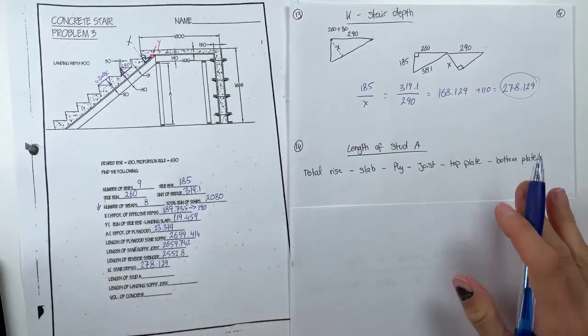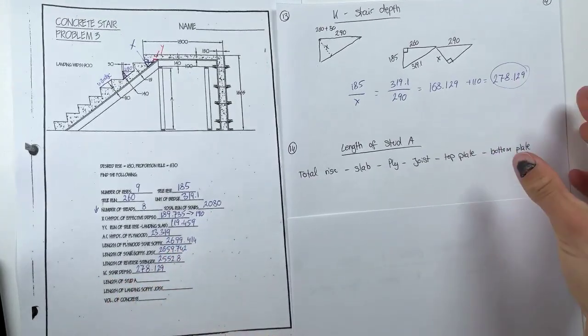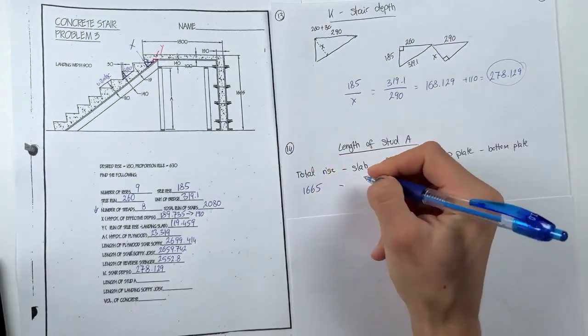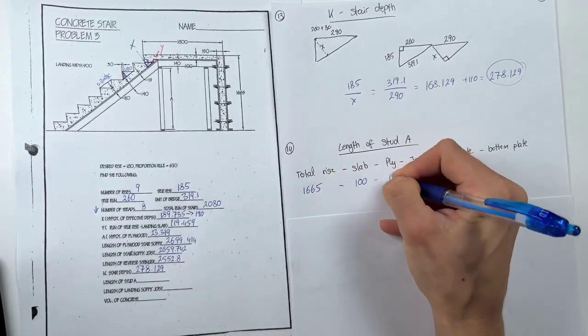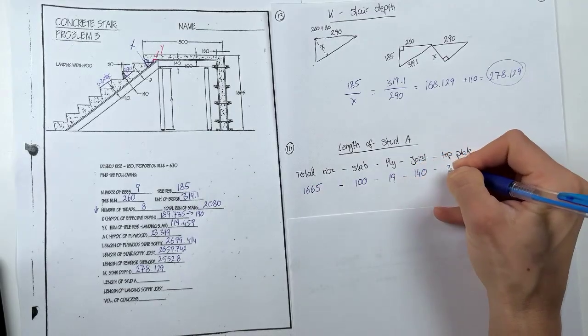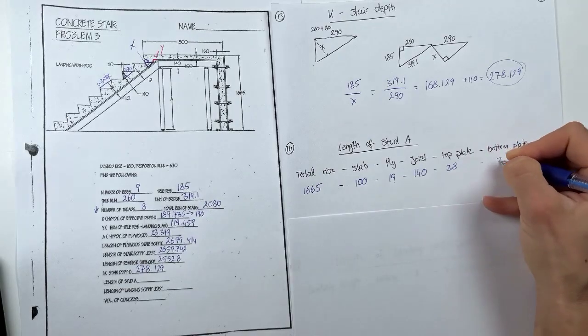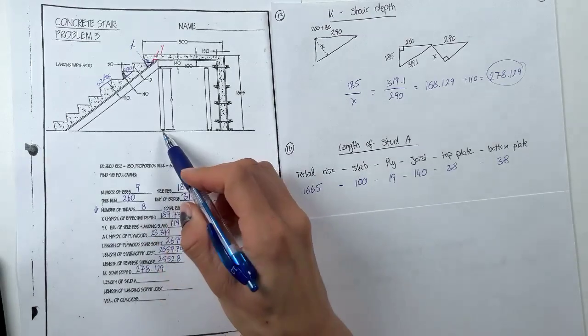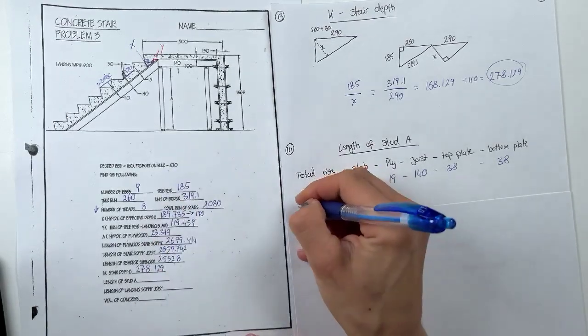So let's pop in those numbers. Total rise, 1665, minus the slab of 100, minus the ply of 19, minus the joist of 140, minus the top plate, minus the bottom plate, both at 38. And that's just regular old 2x4, right? The 2 by is that 38 measurement.